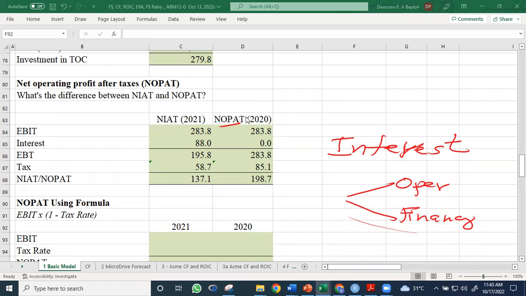May question dito, yung tax rate po ba yung nakuha natin kanina? 18.5%. Wait. Sorry. Sandrine, paki-share nga yung question mo to everyone.